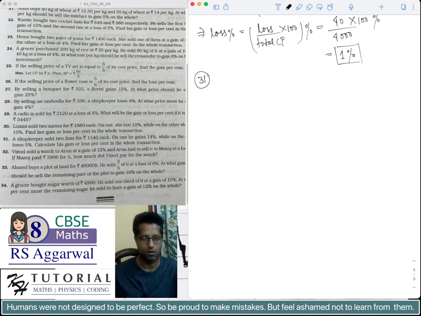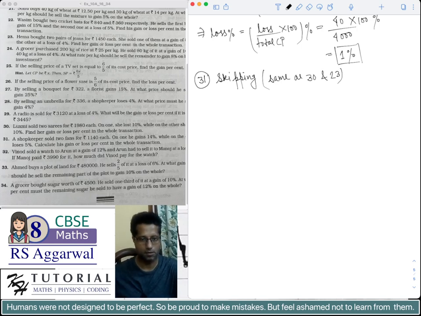I am not doing this because this is exactly the same problem like 30 and 23. So I hope you have understood how to solve this kind of problem. So I am skipping this problem number 31, same as 30 and 23.